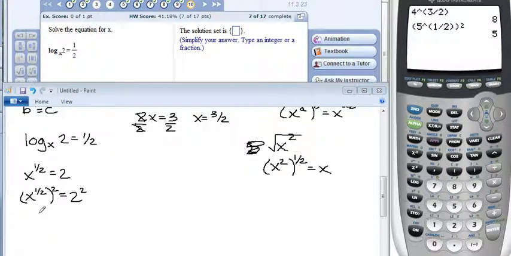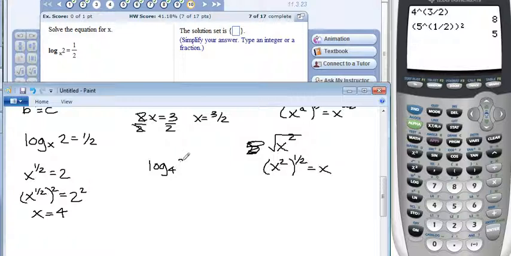So here we have just x on this side, and we have 2 squared, which is 4, on that side. Okay, so we would have log base 4 of 2 is equal to 1/2. Well, is that a true statement? Can't check it this way, but turn it into an exponential. 4 to the 1/2 power is 2. Is that true?